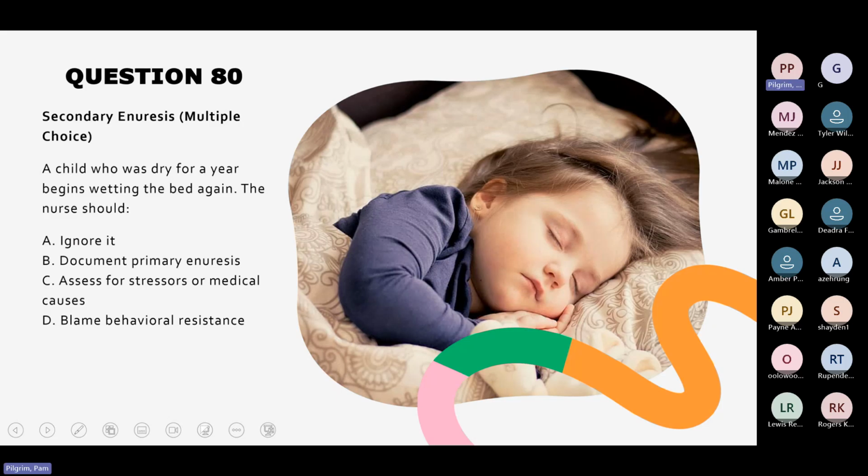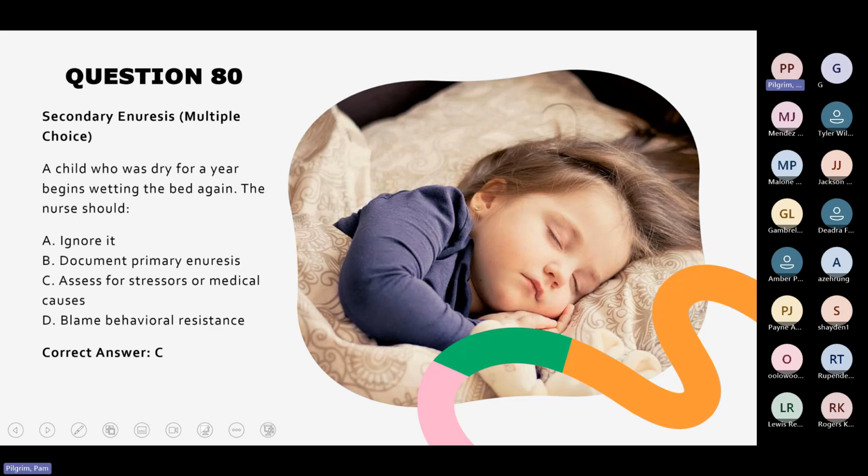All right, question 80. Secondary enuresis. A child who was dry for a year begins wetting the bed again. The nurse should what? You have a child having secondary enuresis.